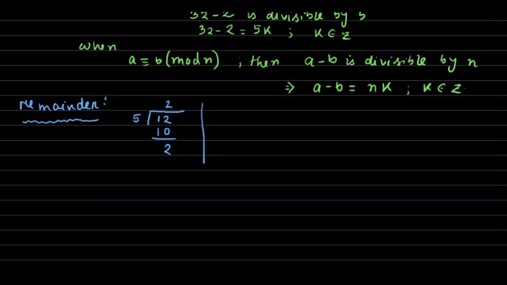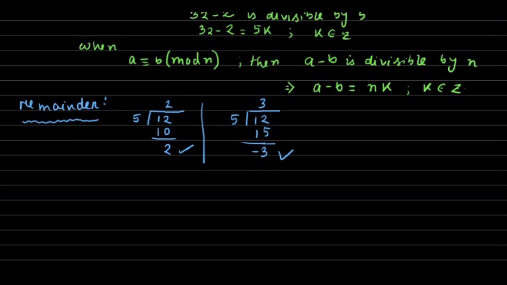Let's say another person does it this way. He can put here 3. 5 threes are 15, and we will get minus 3 as remainder. So we get two remainders, one positive and another one negative. But in this concept, we will accept only the positive one.